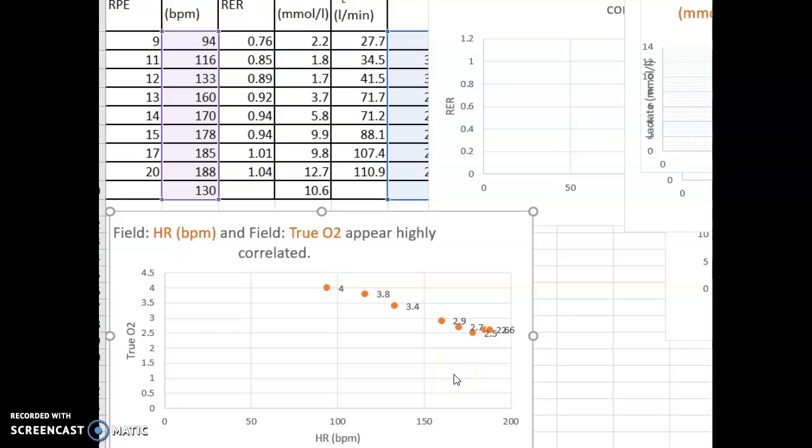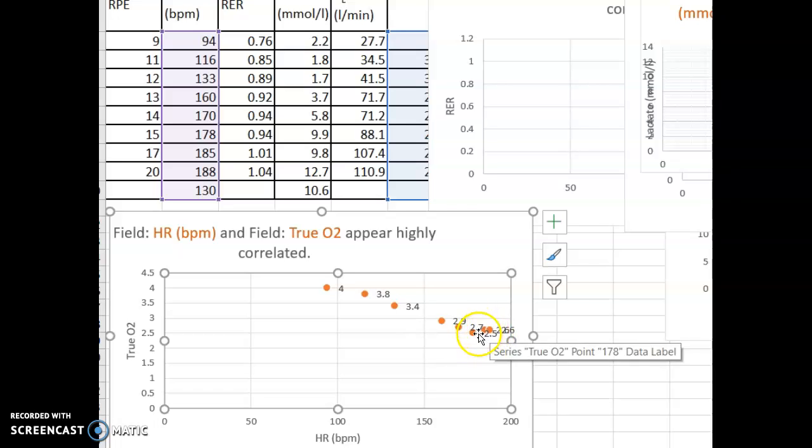When we look at the true O2 versus heart rate, or as a function of heart rate, though, we see that there's actually this pretty steady state, I suppose, here at the very end, up near the lactate threshold.